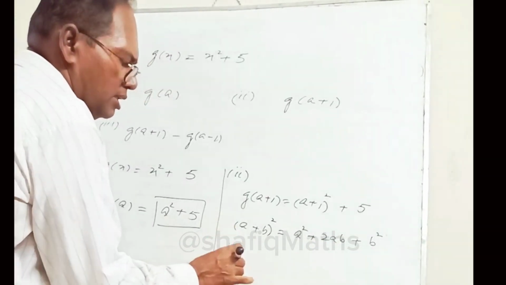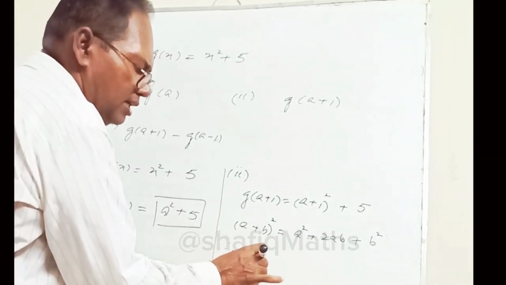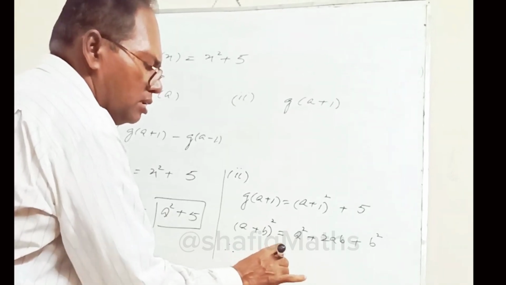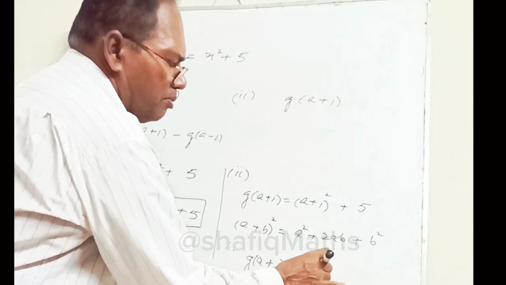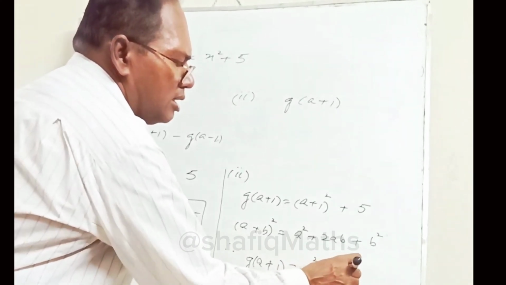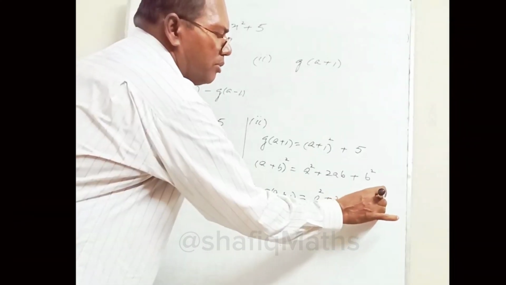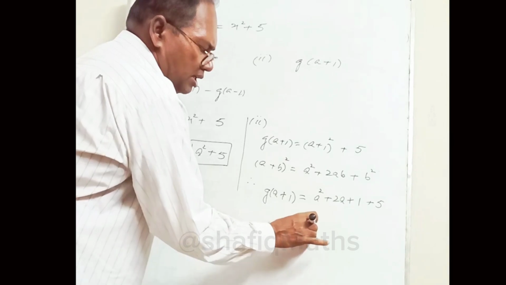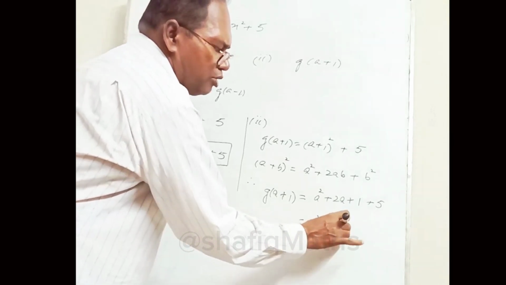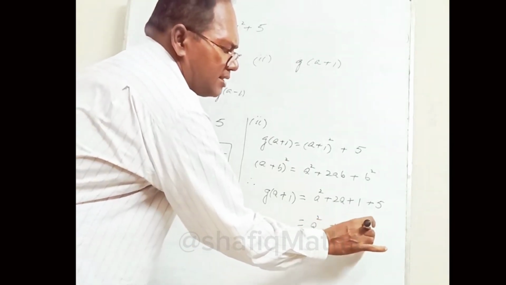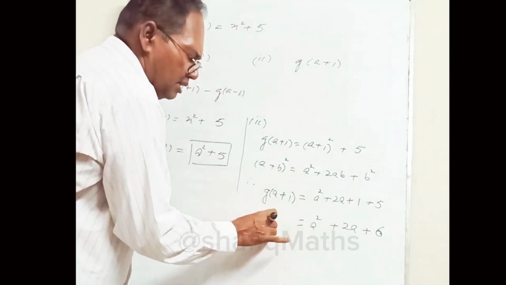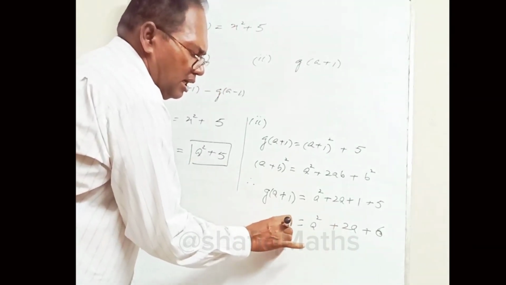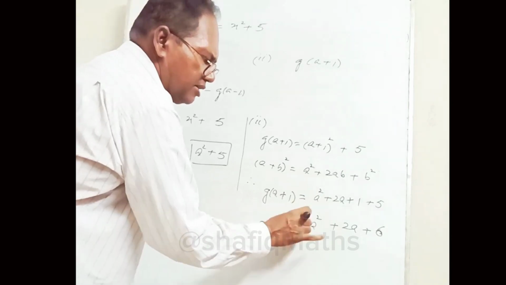Therefore g(a plus 1) will be a square plus 2a plus 1 plus 5, that is a square plus 2a plus 6. This is our second part of the question.